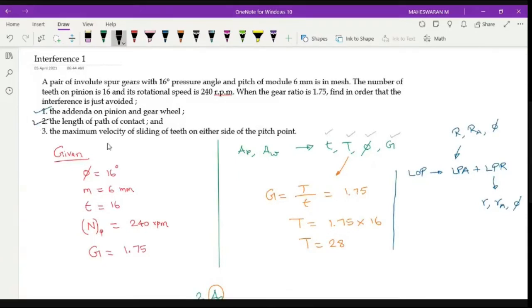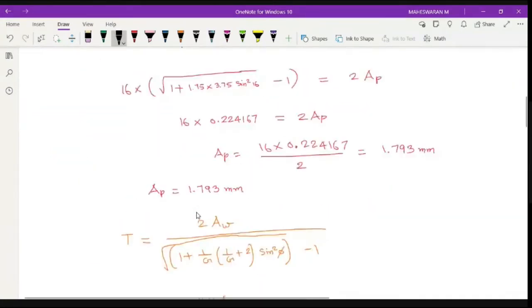Next, they're asking what is the maximum velocity of sliding on either side. When they say either side, it means the sliding velocity for length of path of approach and length of path of recess. At pitch point, it is 0. We know that. So either side of the pitch point means approach and recess.